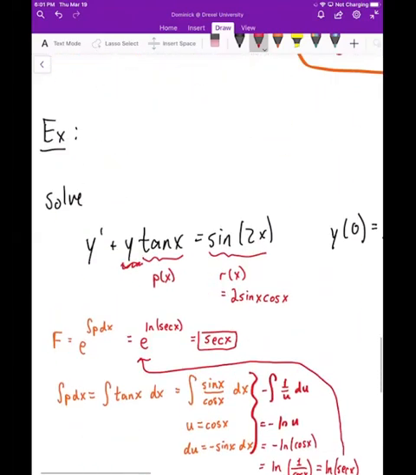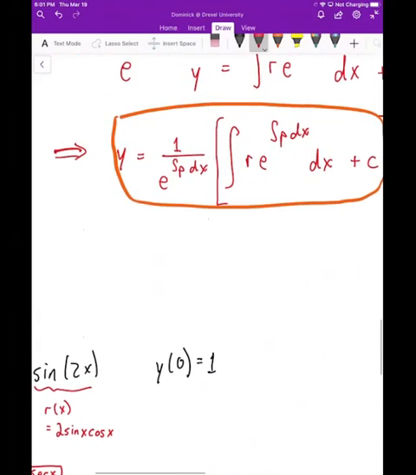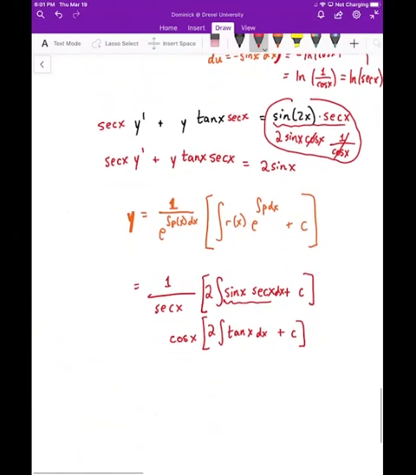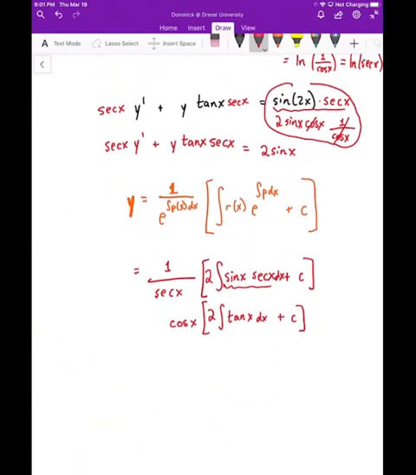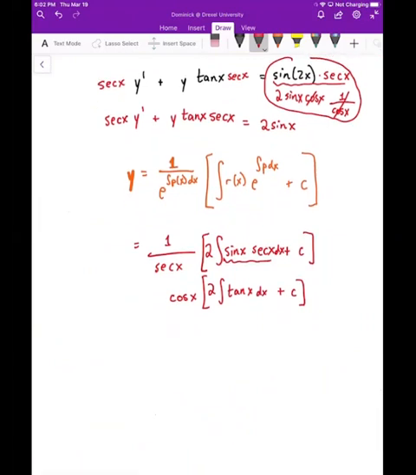So this is definitely the right solution form. Oh, I already multiplied by the secant, right? So I actually don't need this secant here. Yeah, that's what I'm doing wrong. Okay, so let me get rid of that.